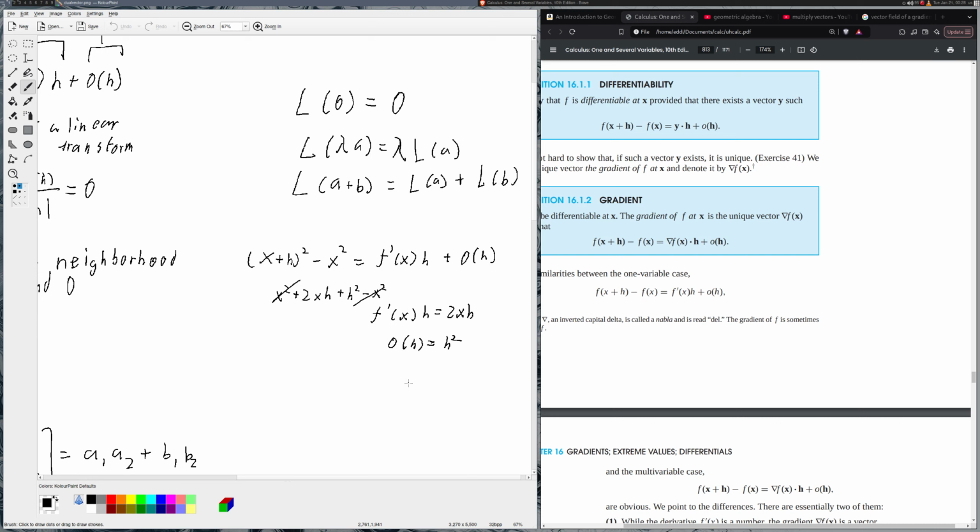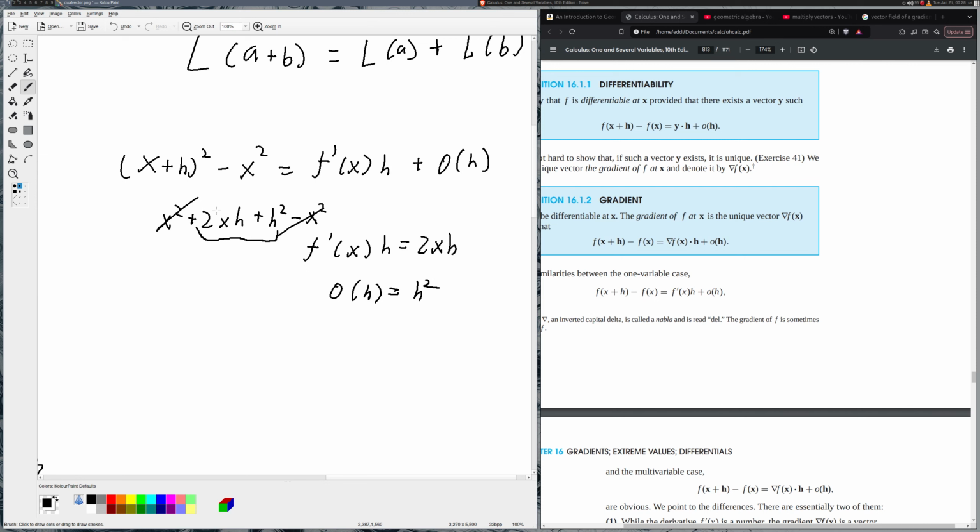In the single variable case, what typically happens is you get to this point right here, and then you just divide by h, so you get 2x plus h, and since h goes to 0, you just have 2x.